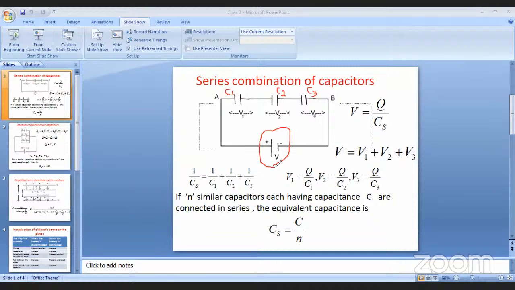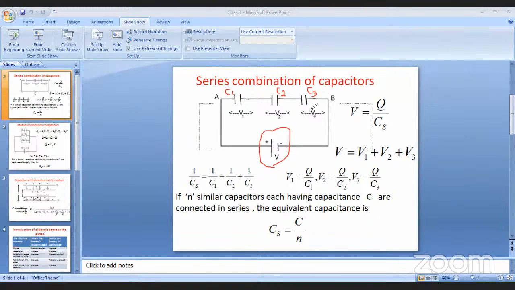When you supply a potential difference capital V to this combination of capacitors in series, there will be a potential drop across each capacitor. Here you will have a drop of V1, here a drop of V2, and along capacitor C3 a drop of V3.